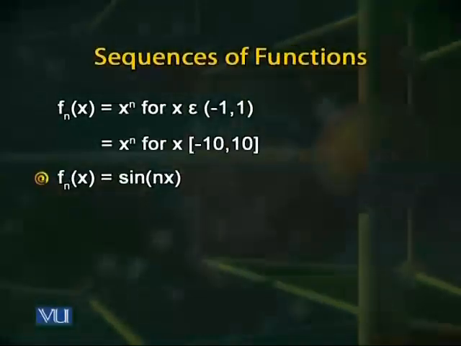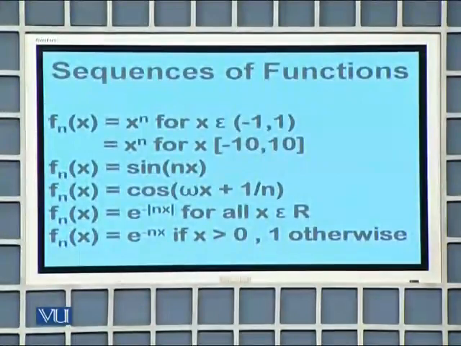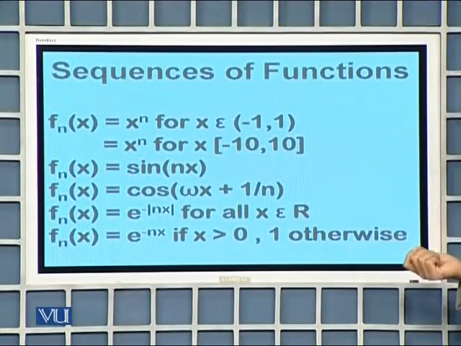The next example of functions is sine of n times x. I have not specified a domain, you can take any domain. And this function is not convergent because if you look at the sequence of functions, it is sine of x, sine of 2x, sine of 3x, 4x, 5x, and so on.